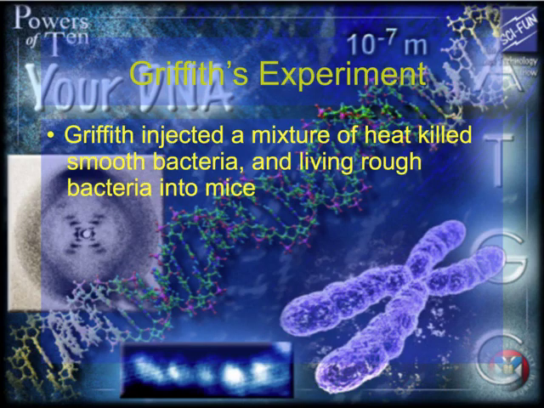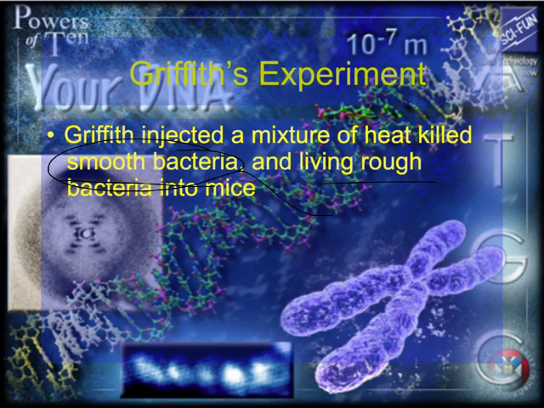The first thing Griffith did is inject a mixture of the heat-killed smooth bacteria and the living rough bacteria into the mice. Now, what he expected is that the smooth bacteria is dead, so it shouldn't cause any issue because you killed it off. The rough one is living, but doesn't make you sick.